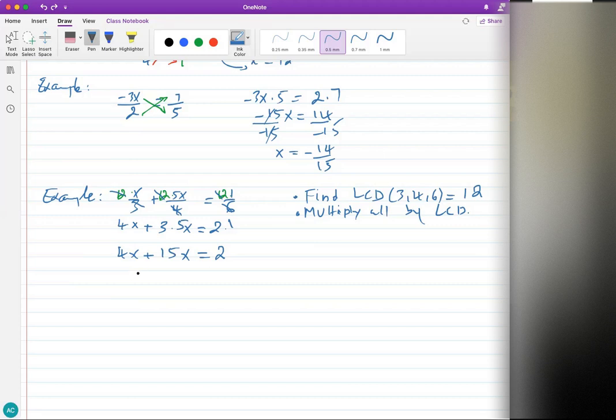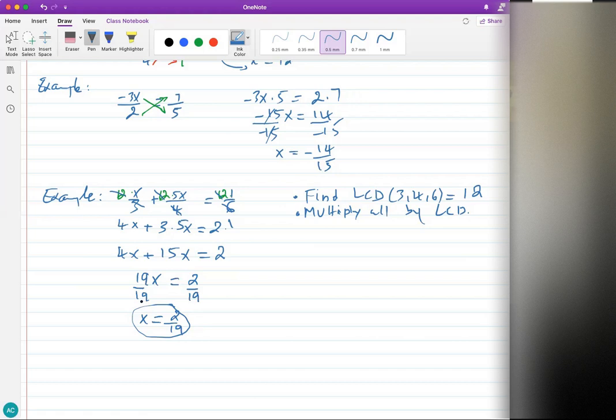So that's 19x. Here, nothing, just 2. Finally, we're going to divide again by 19 to cancel it, so x is 2 over 19. This is fine, that's the answer. Try to simplify it if possible. Nothing goes into 2 and 19. That's basically the answer.